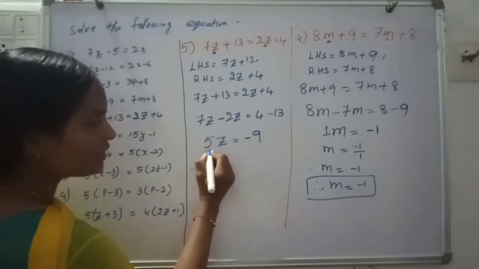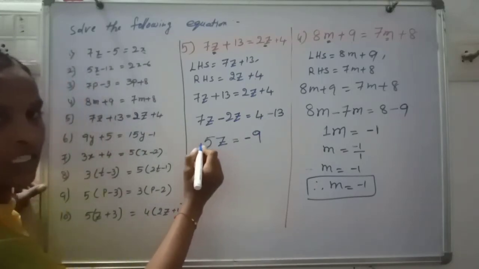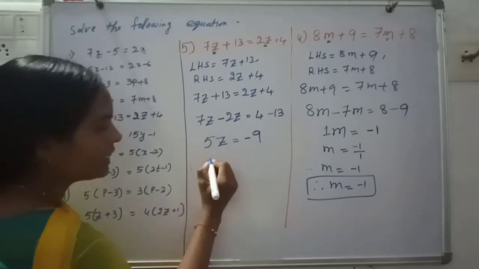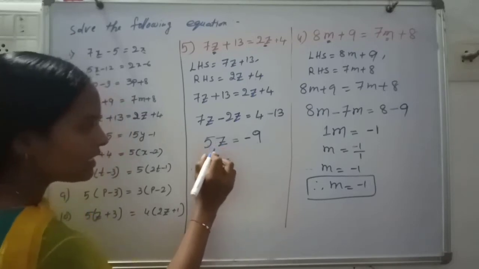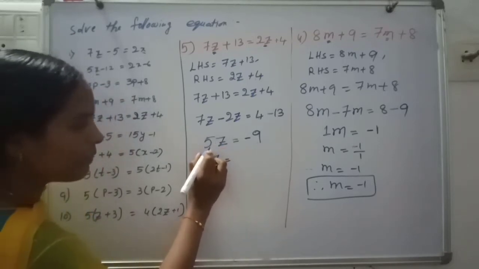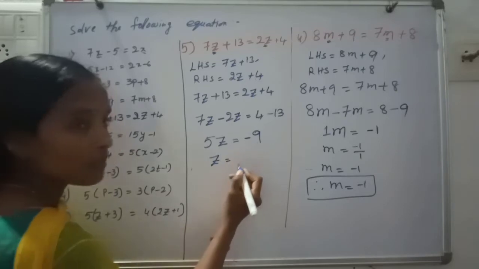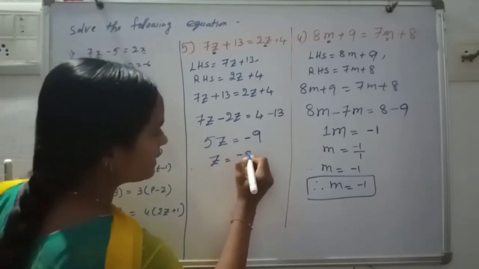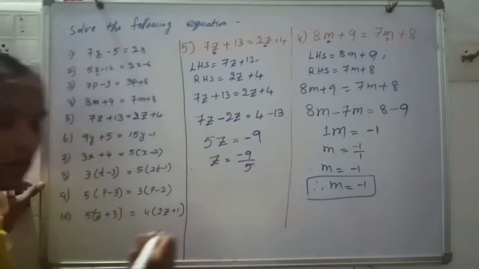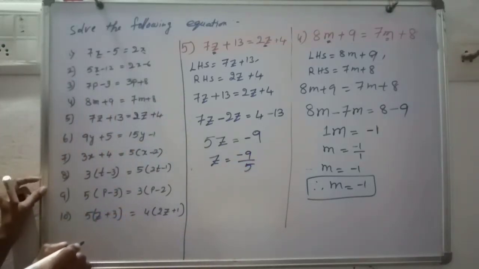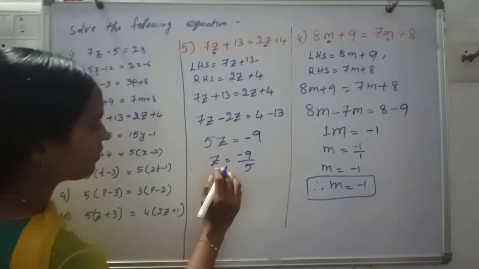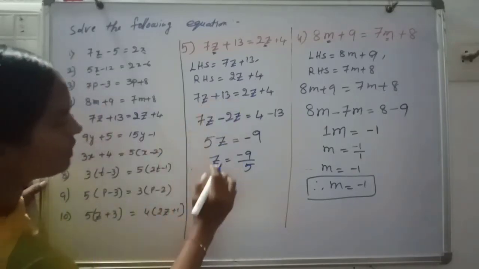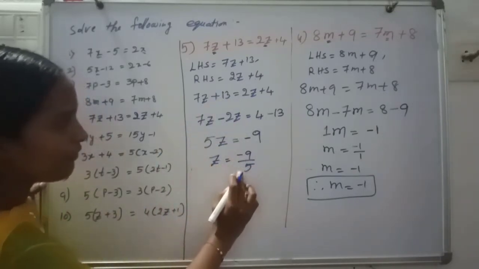Okay. Here z multiplied with 5. Then it is the LHS side multiplying, then goes to RHS. That place is replaced with division. Minus 9 divided by 5. Okay. It is the value of z, minus 9 by 5.